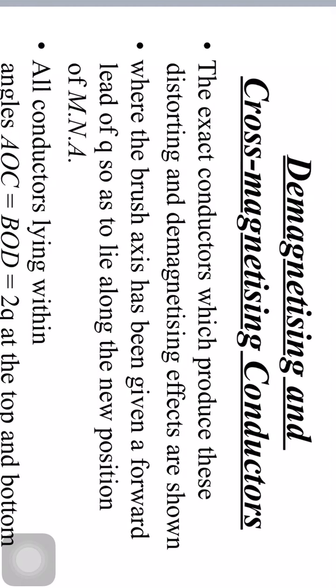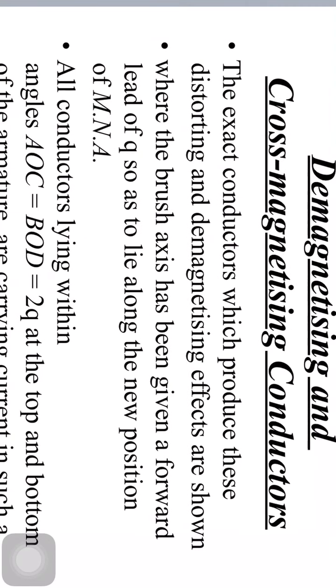The demagnetizing effect leads to reduced generated voltage, while the cross magnetizing effect leads to sparking at the brushes. These are the two effects, that is, demagnetizing and cross magnetizing effects in the armature reaction.